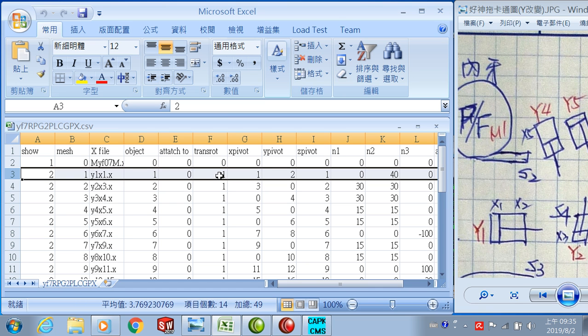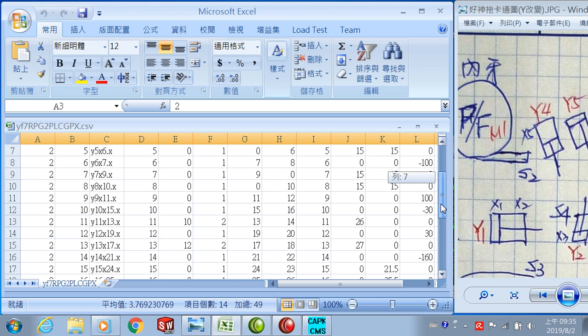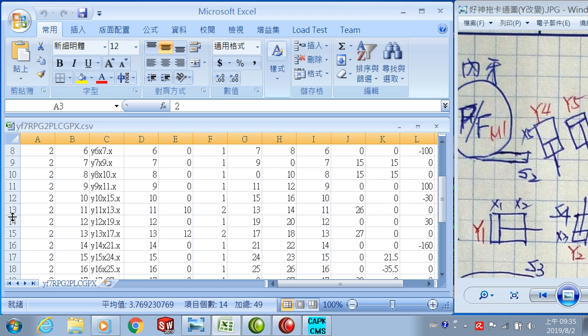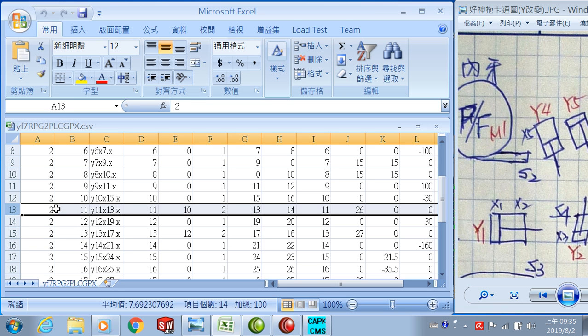The translate 1 means I/O control type 1. But here you can see 2 I/O control objects, in here it is 2. This is I/O control type 2. There are 2 I/O control type 2: one is Y11 S13, another is Y13 S17.S5.